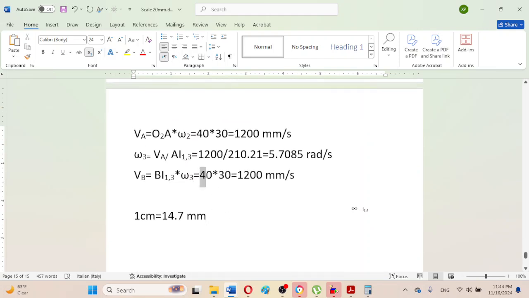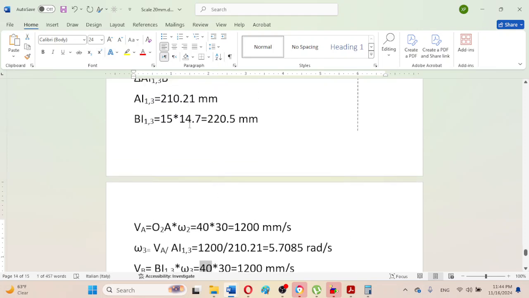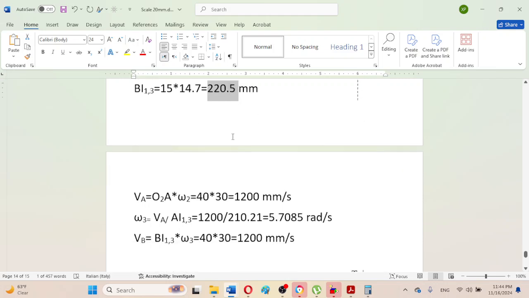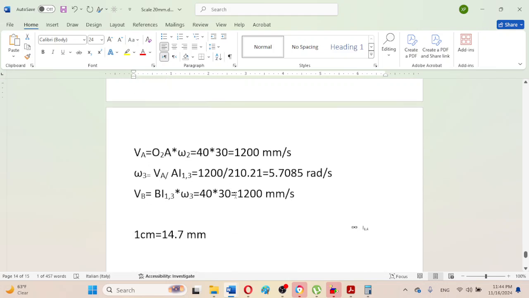So here I can write that BI1,3 is equal to 220.5. Just copy it from here and paste it here, and the omega 3 has been calculated as above.